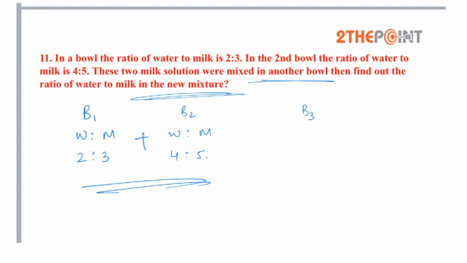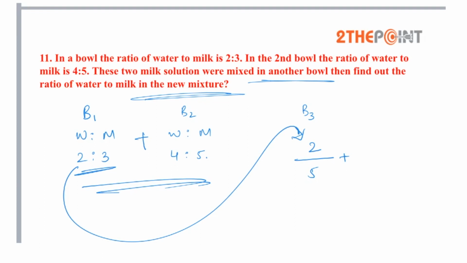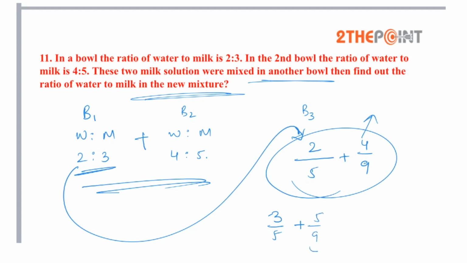So how we have to solve it is, in bowl 3, just take water on one hand and milk on the other hand. That is, 2 by 5 plus 4 by 9, this is the water in the mixture, and then 3 by 5 plus 5 by 9, this is the milk in the mixture.